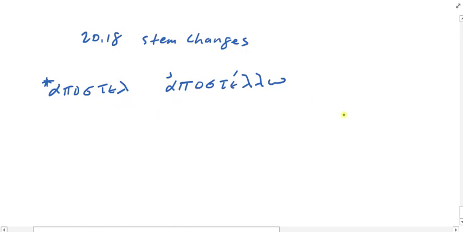Okay? Look at the future. It's, oops, missed that tau. Apostelo. Okay? What's happened here? Nothing's happened. I've just kept the real root and I've used it for my future stem. Okay? Apostelo. Okay? Now, because it's a liquid, what's happened? It's added epsilon, sigma, omega, right?